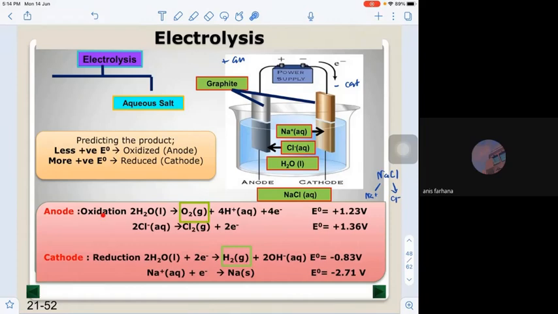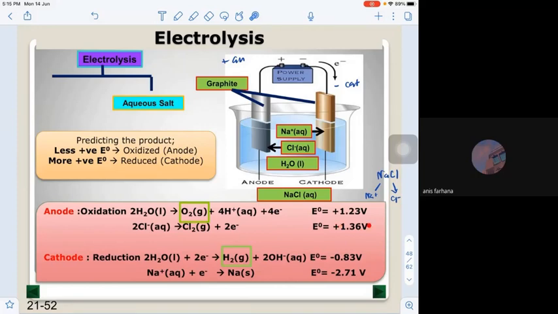What is the equation for the oxidation? It is chlorine plus 2 electrons turns to 2 chloride. That is for reduction. Since we know that it is oxidized, we reverse the equation. So the equation will be 2 chloride aqueous turns to chlorine gas plus 2 electrons. Then we list down the E naught together with it, which is positive 1.36.